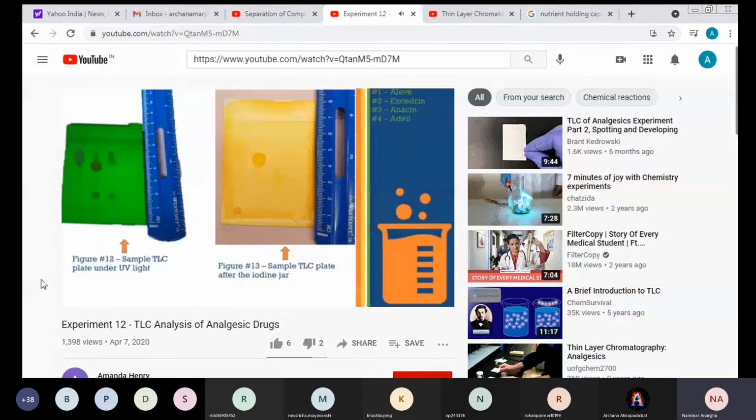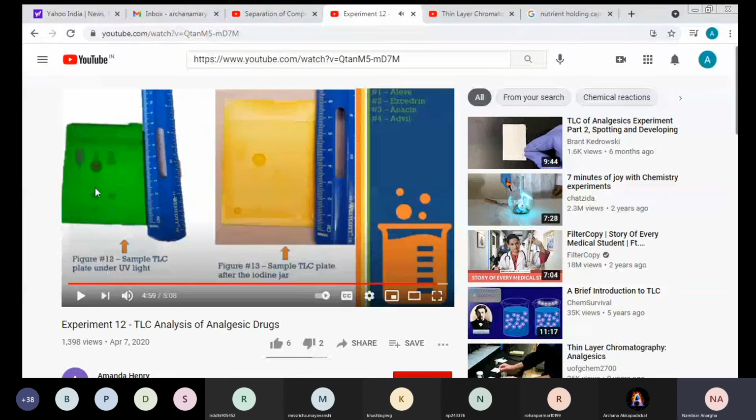Here you see the UV chamber. The spots look different in the UV chamber, but when we take the plate out of the UV chamber, the spots will not be visible. When we keep our TLC plate in the UV chamber and put on the UV light, at that time the spots are visible.